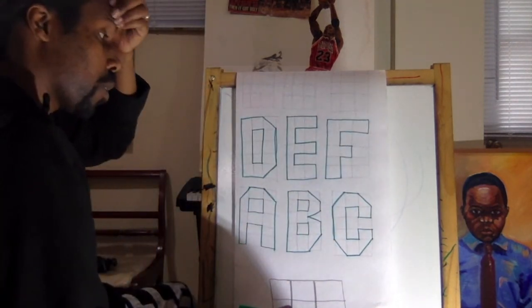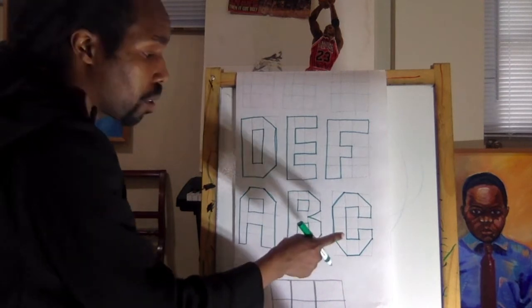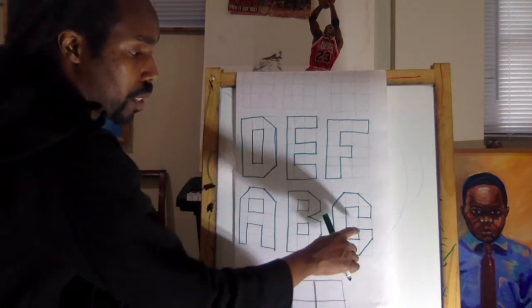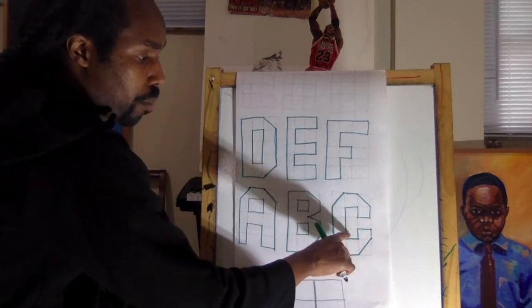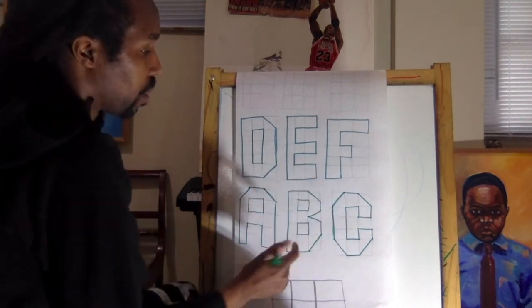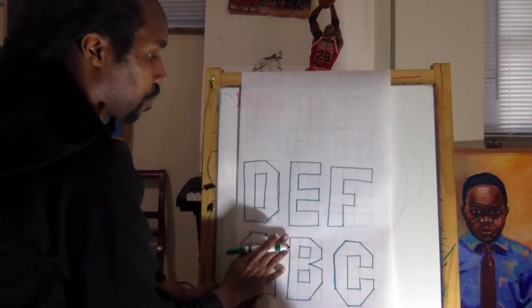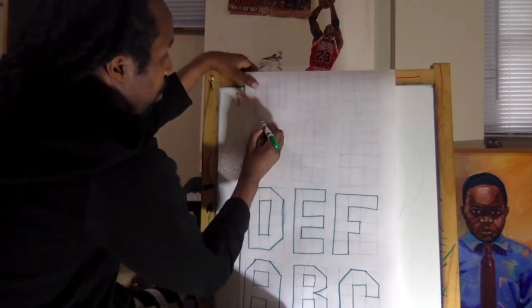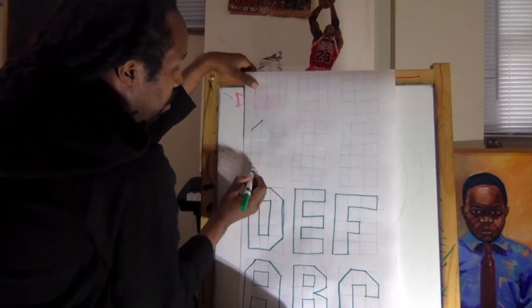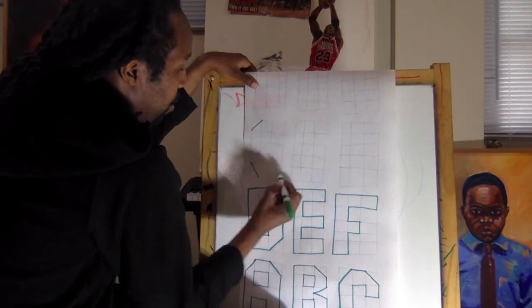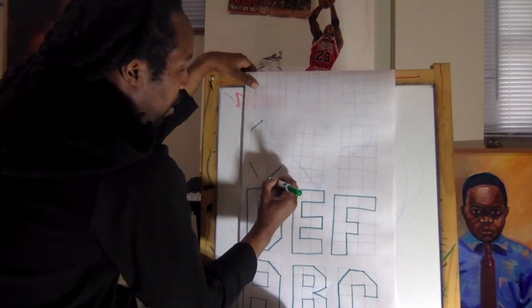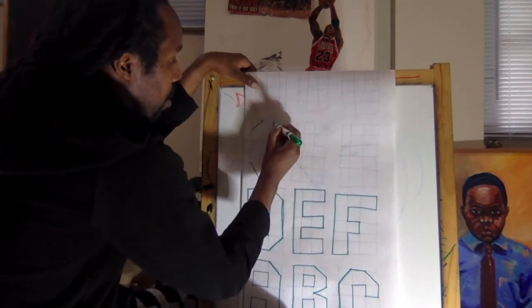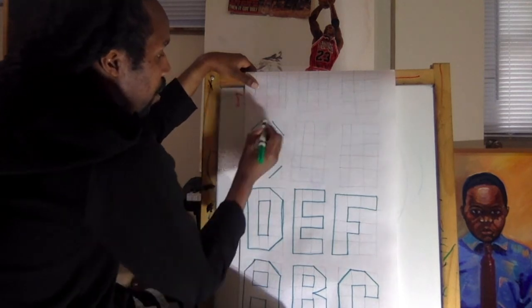And then we're going to go to the letter G. So the letter G is going to be similar to the letter C. The only difference is this part over here, we're going to bring that in to make the letter G. So the letter G, we're going to slant, slant, and slant, right?